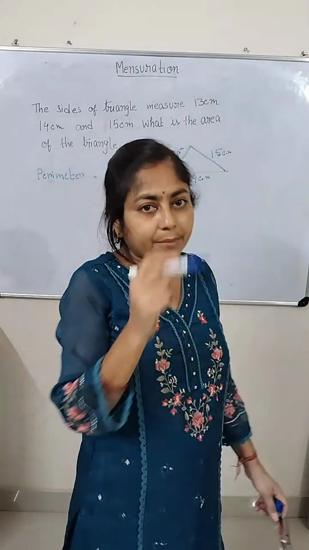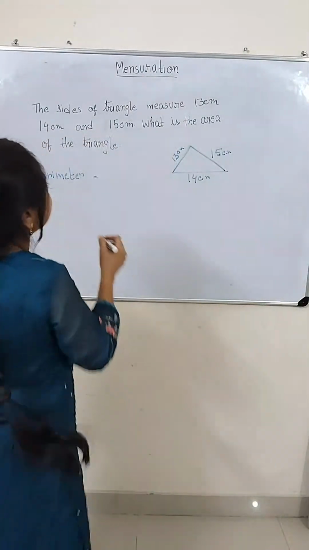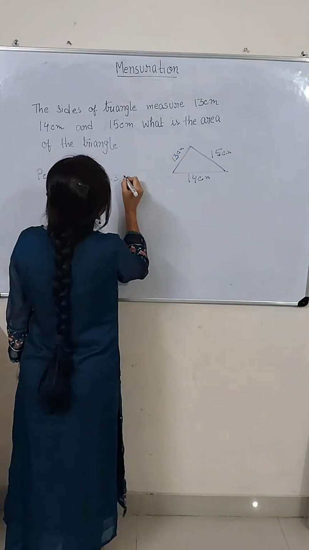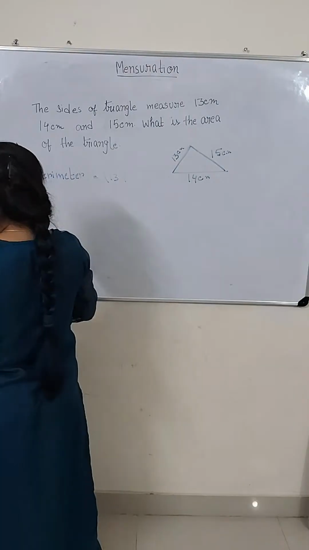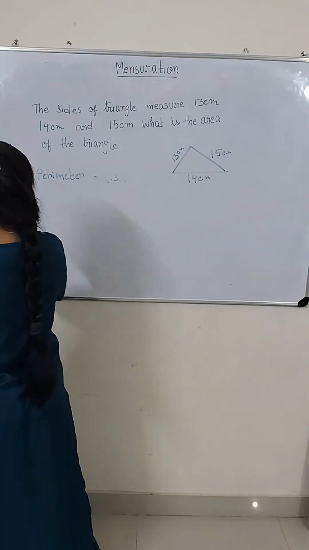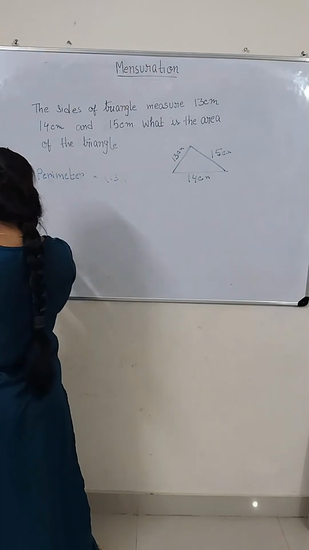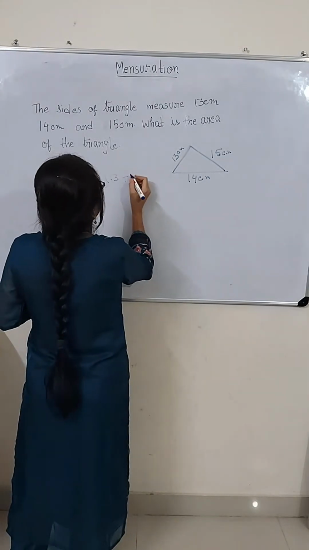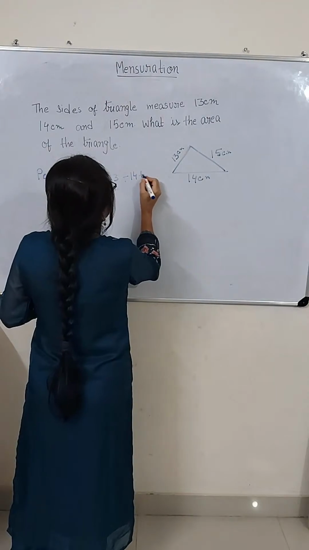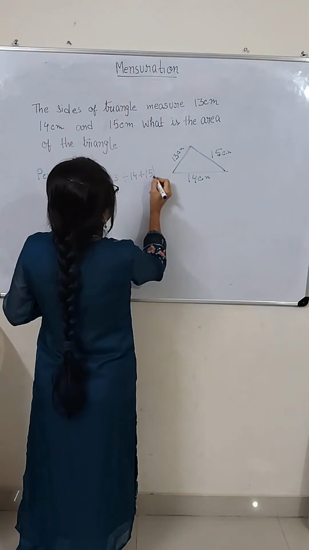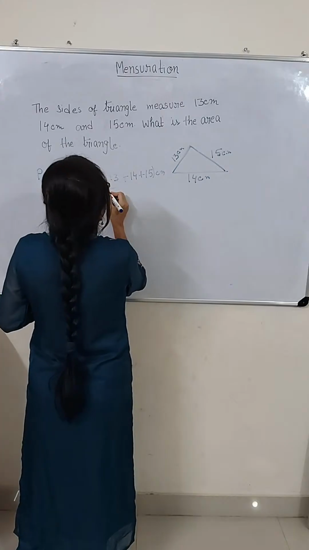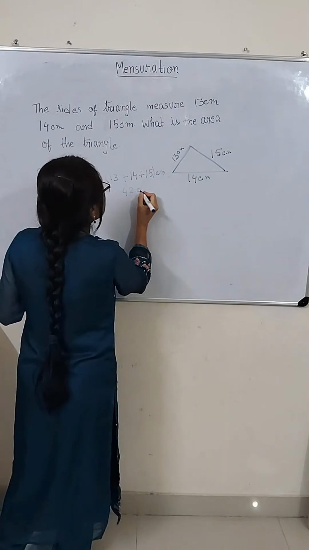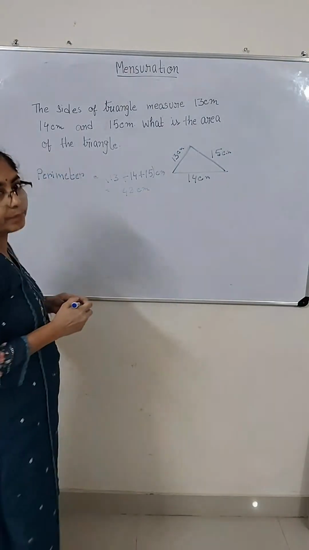The sum of all three sides. 13, 14, 15, 42 centimeter is our perimeter.